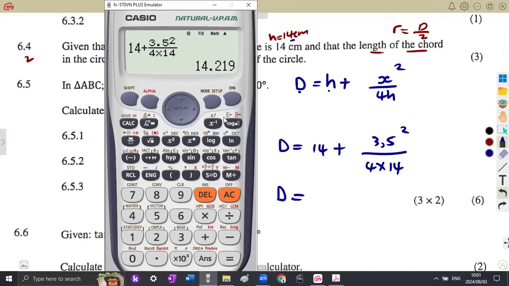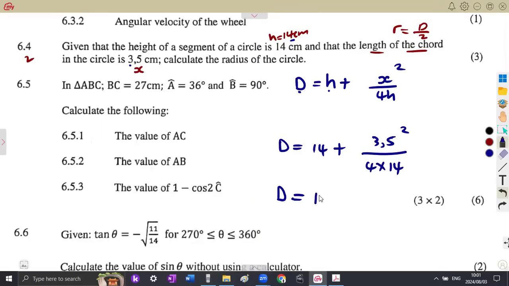That was going to give us 14.219 centimeters. This one is your diameter.